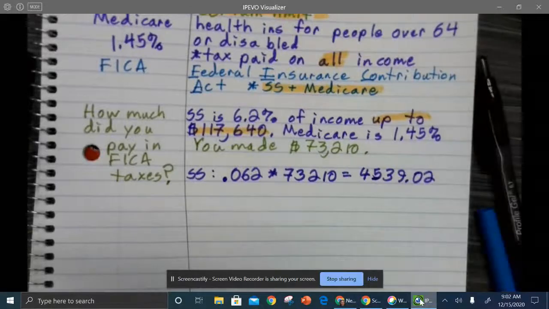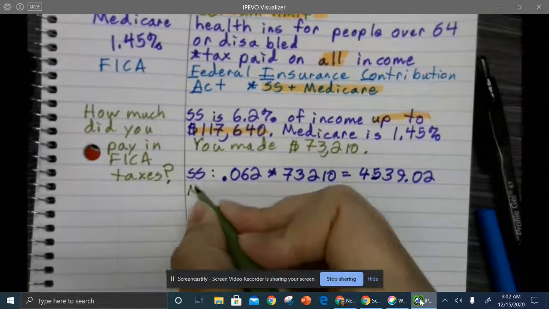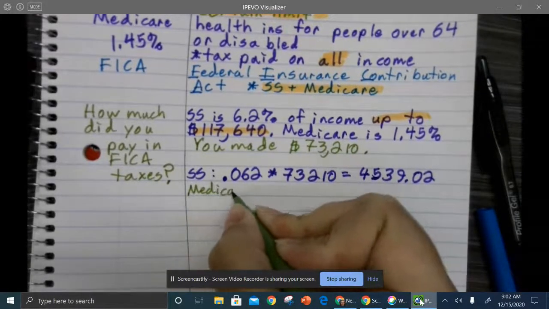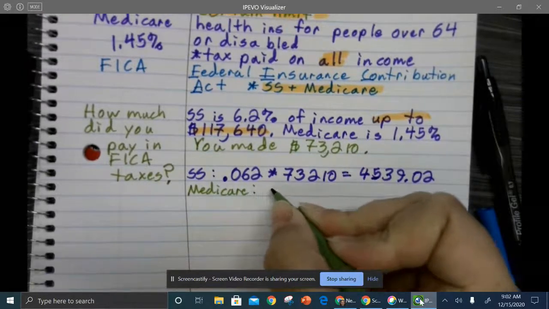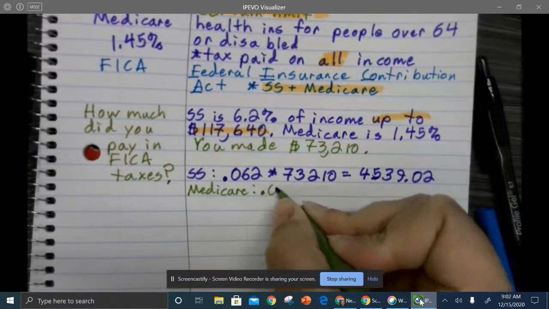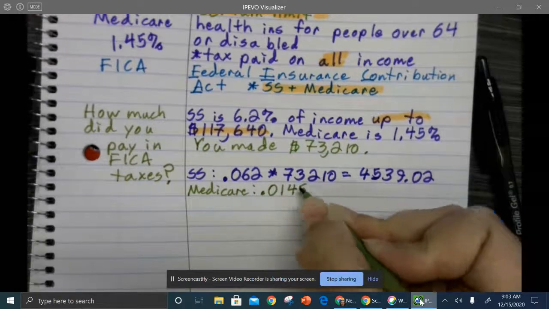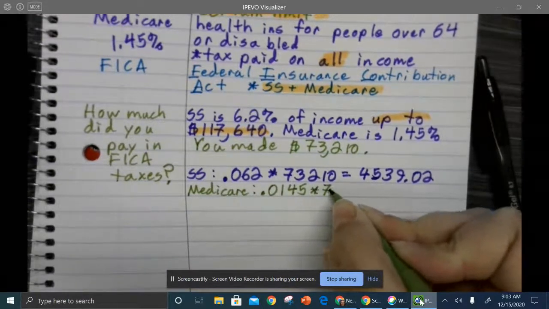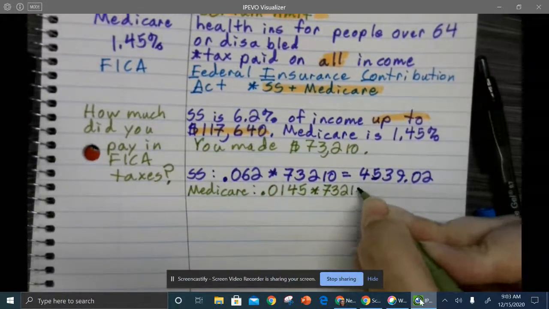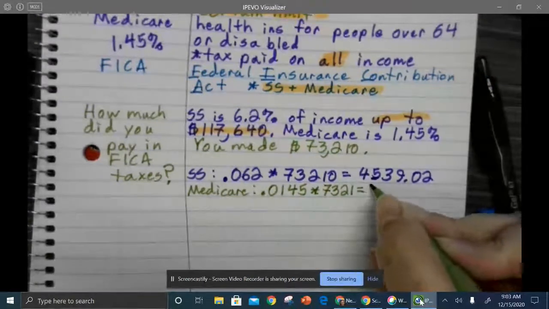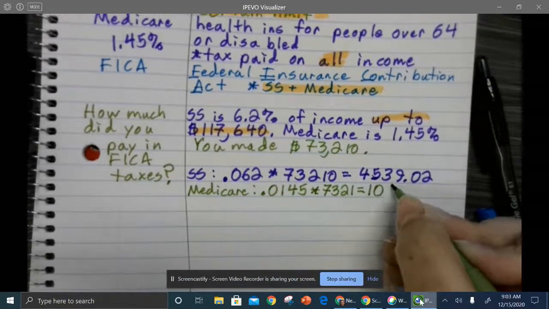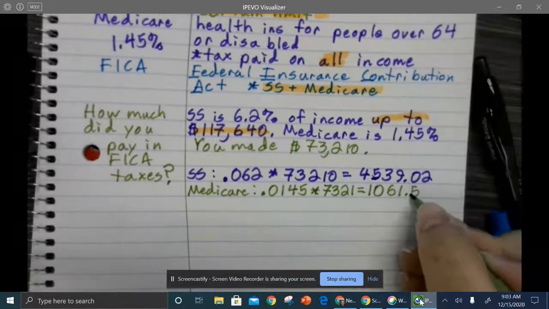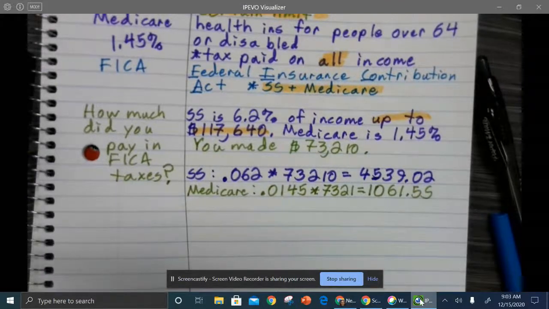Okay, and then let's look for Medicare. Okay, it's going to be 0.0145, so the percent as a decimal, times the income. So it would be $1,061.55. Okay.